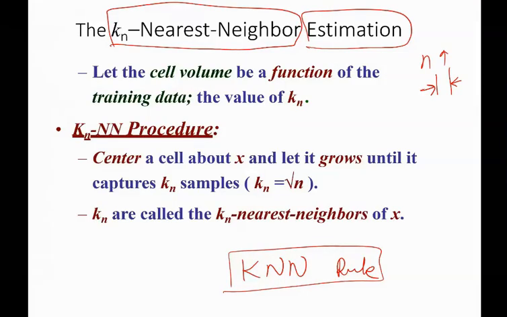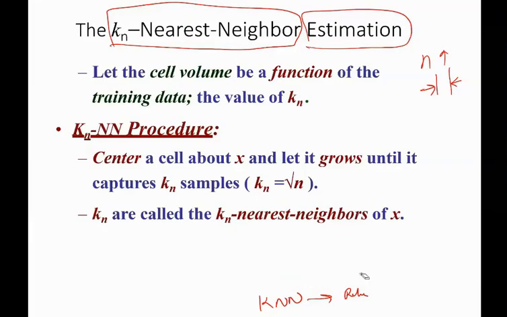Don't get confused in these two words. They look very similar, so don't get confused in exam. So whenever I say simple KNN, it basically represents KNN rule. And whenever I say K nearest neighbor or KNN estimation, it represents what we are seeing currently.